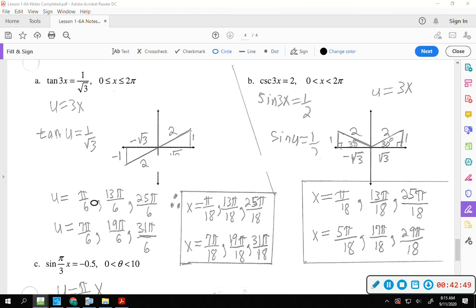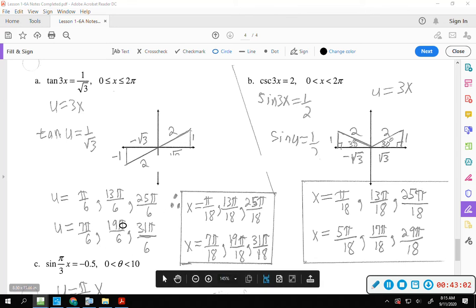Pi over 6 plus 12 pi over 6 is 13 pi over 6. Add another 12 pi over 6 is 25 pi over 6. Same with this one. Add 12 pi over 6, add 12 pi over 6. But here's the problem. This number now is not in here, right? Well, that's because these are the values for u. I need to solve for x.